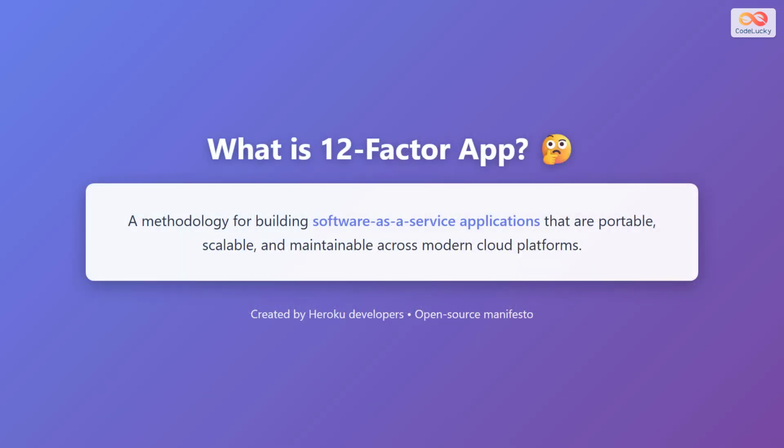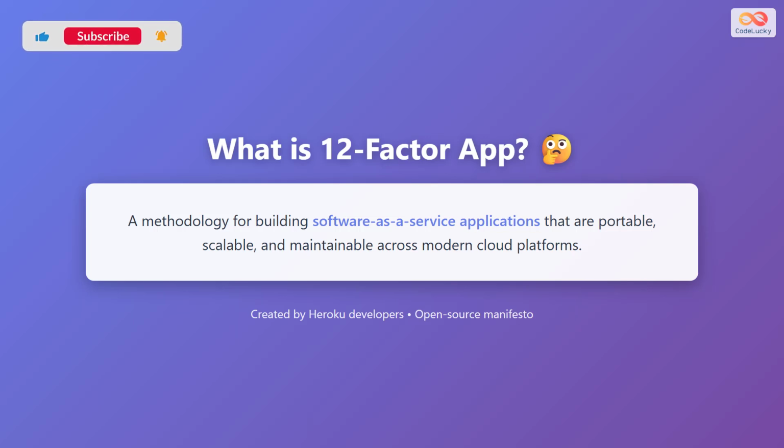The 12-factor app is a methodology specifically designed for building software as a service applications. It provides a comprehensive set of best practices that ensure your applications are portable across different cloud platforms, can scale easily as demand grows, and remain maintainable over time. This methodology was created by developers at Heroku as an open-source manifesto to address common challenges in cloud-native application development.